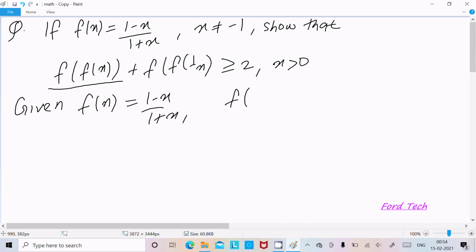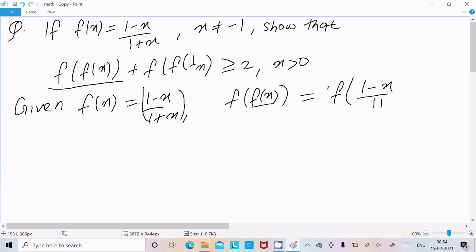So here f of x is (1 minus x) by (1 plus x). Now after that the new value comes: f of (1 minus x) by (1 plus x).